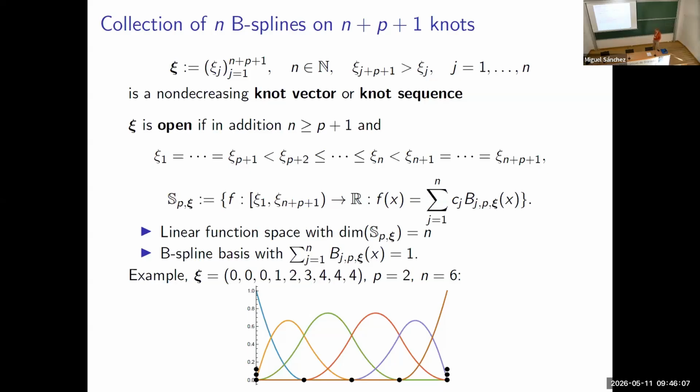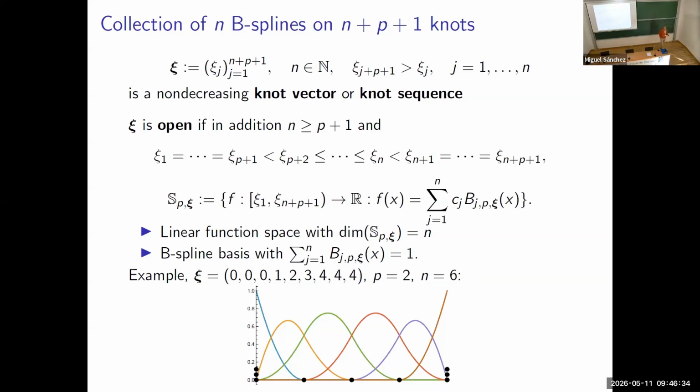Here's an example of how this can look. Suppose we have an open knot vector. I usually use quadratics as examples in my talks. You have 3 knots at 0, 3 knots at 4, and interior knots 1, 2, 3. So p is equal to 2, and n is equal to 6: 1, 2, 3, 4, 5, 6.